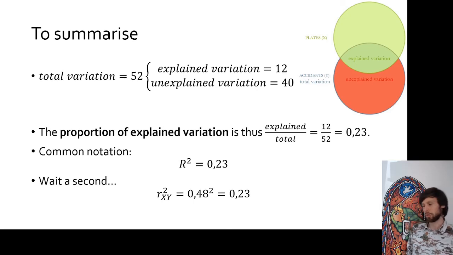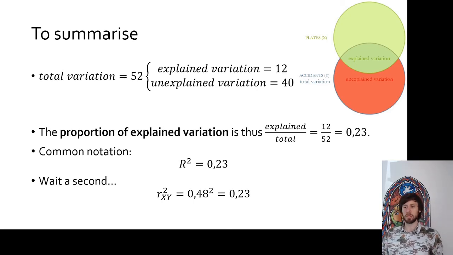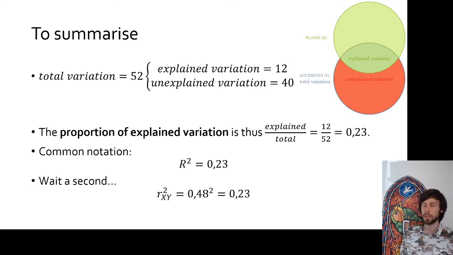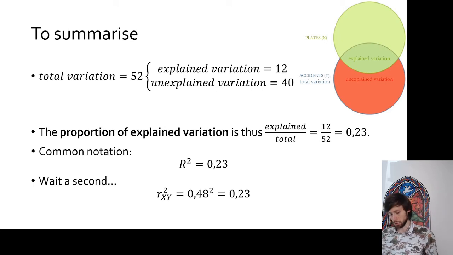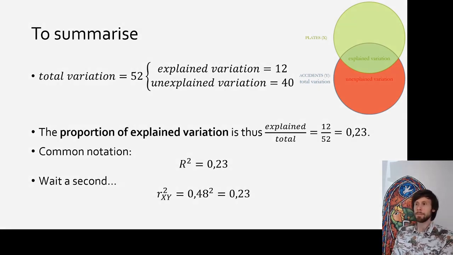And likewise, a correlation of 0.3 is a medium correlation. So if you square that, you get 0.09 for R squared. And you can square 0.5 for the correlation. That gives you 0.25. And that is a strong proportion of explained variation. That was a really nice question, I must say.